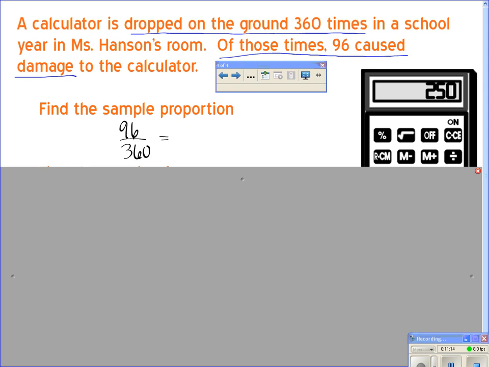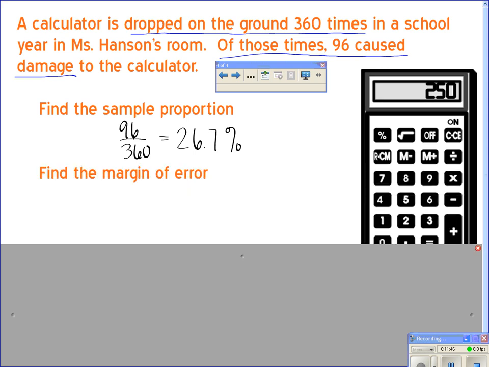What would that be? 27%? Let's do 1 decimal after. Did that run correctly? Okay. All right, so that's the sample proportion. So 26% of the calculators got damaged when they were dropped.